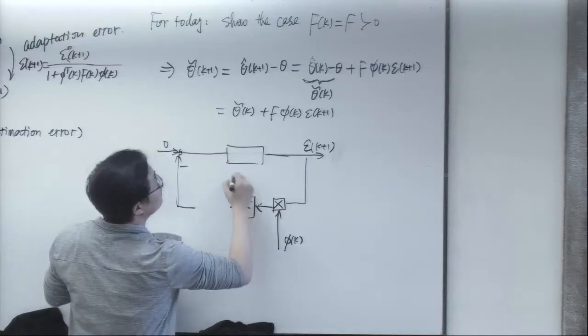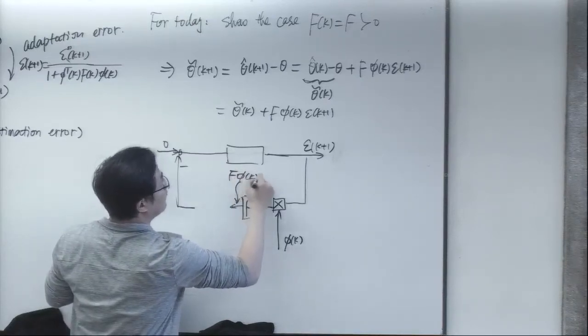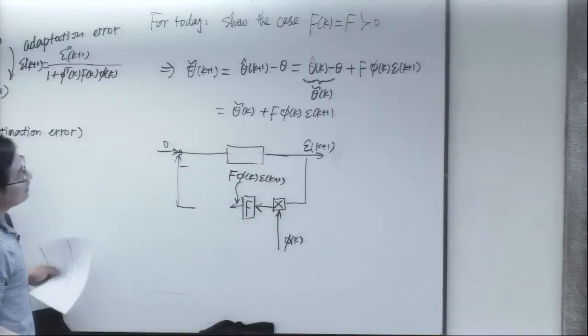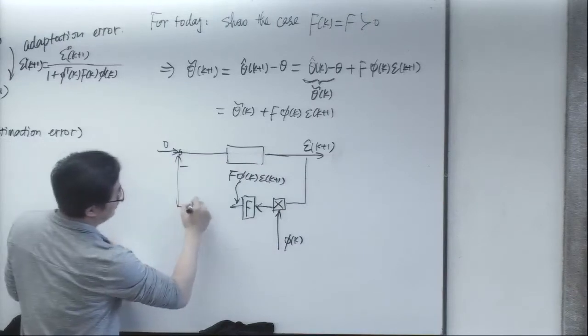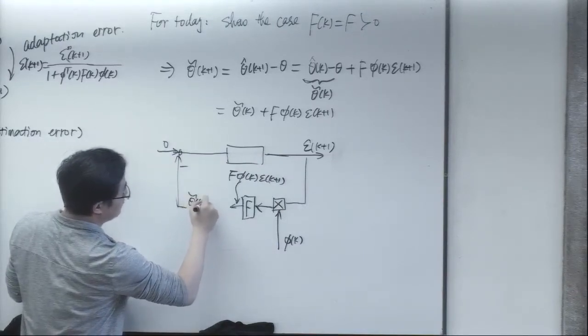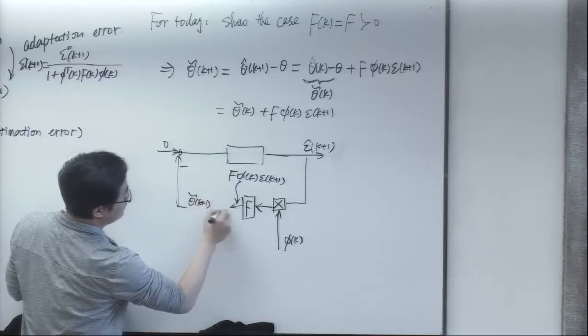This is f phi epsilon k plus 1. It will be able to give us theta tilde k plus 1.